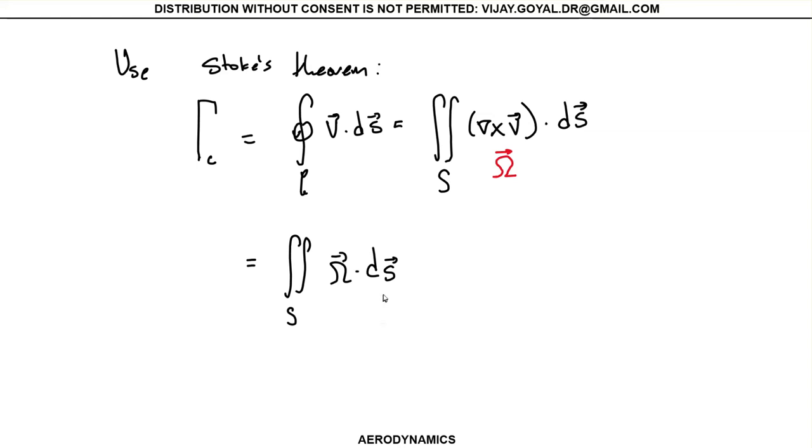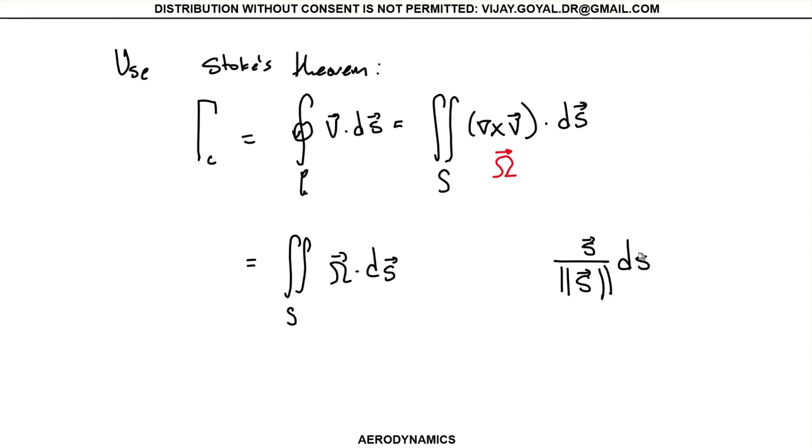Now, in this dot ds, I can express ds as the following. I could take the vector ds and divide it by its magnitude, which gives me a unit vector.